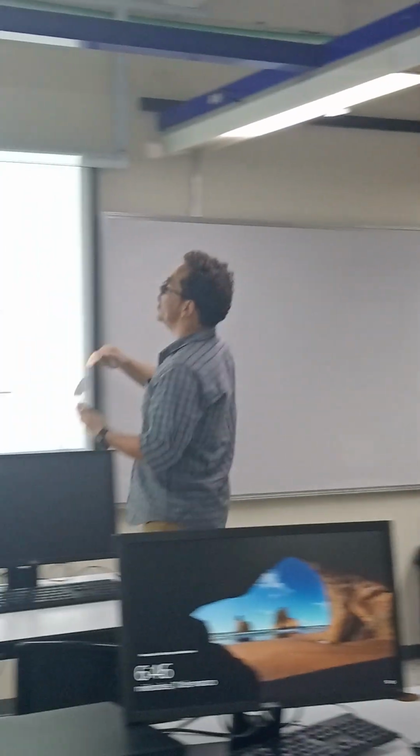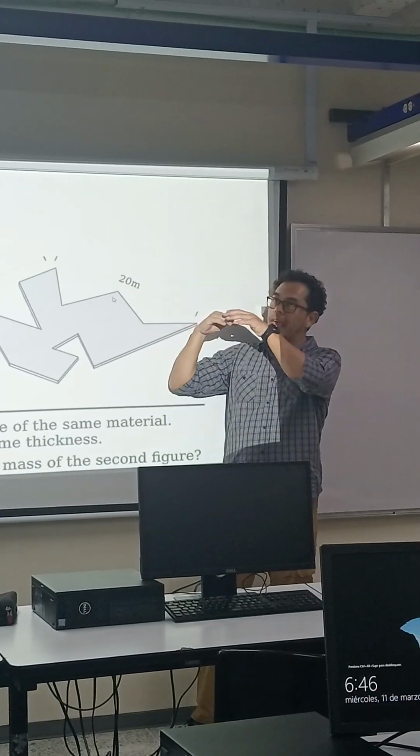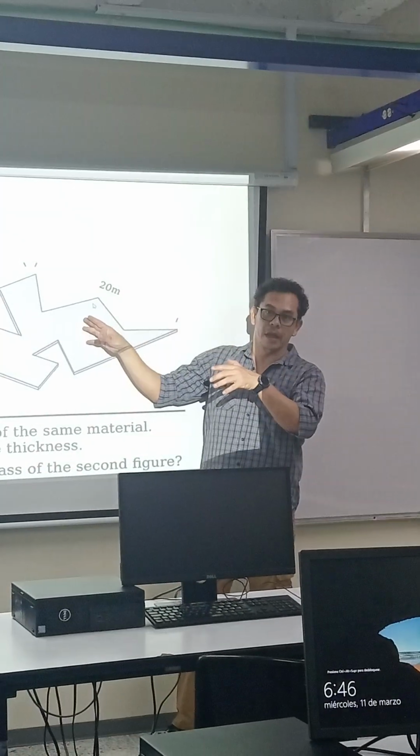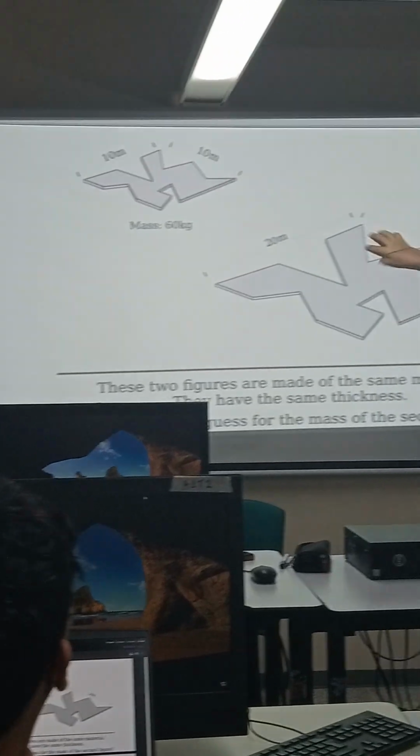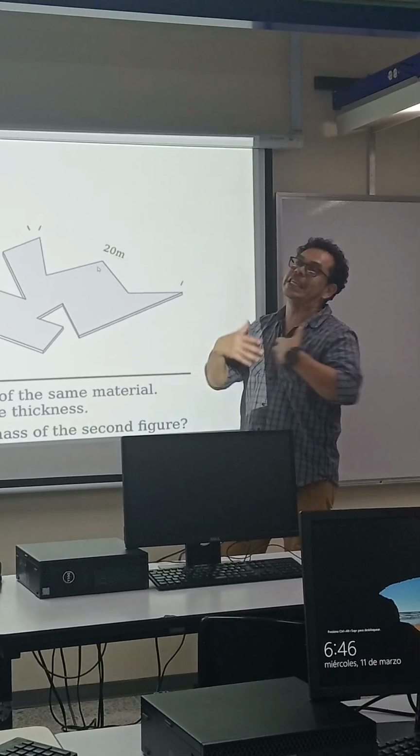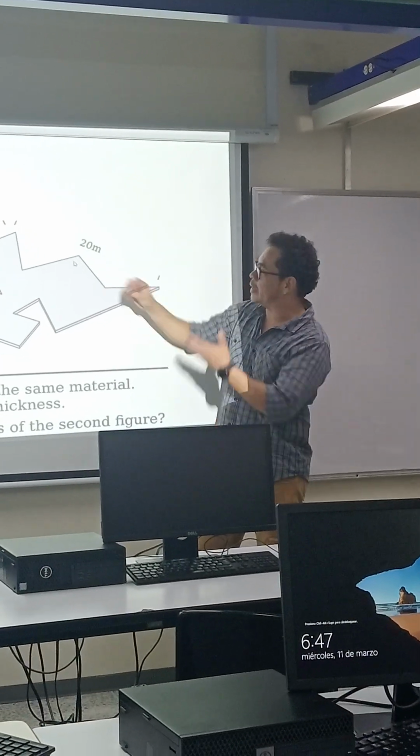Exactly. We can estimate, not exactly. It's not exact, but we can say, okay, the upper bound is 240. It's not exact because we know that we have empty spaces, but this is the maximum quantity that we can say is the mass.